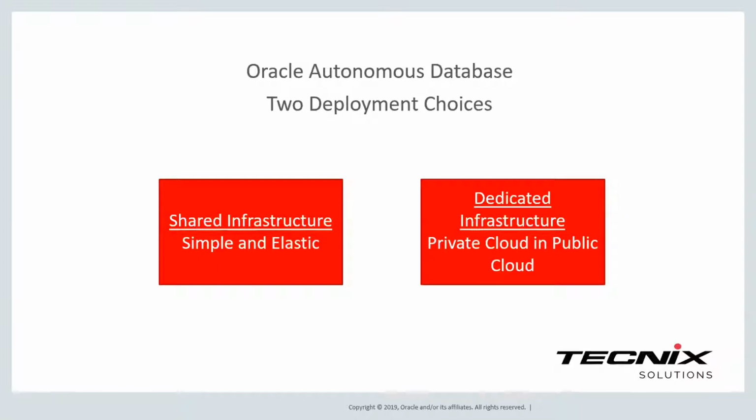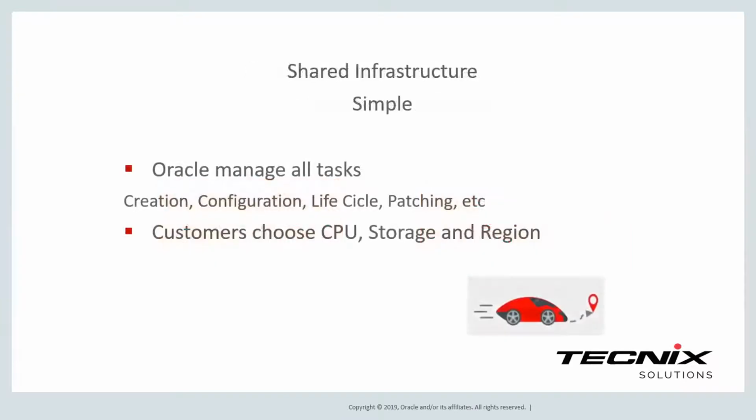You are going to use a shared infrastructure with other tenants. In the shared infrastructure, it is very simple to get an Autonomous Database and start working with it. Oracle manages all tasks like creation, configuration, life cycle, and patching the database.